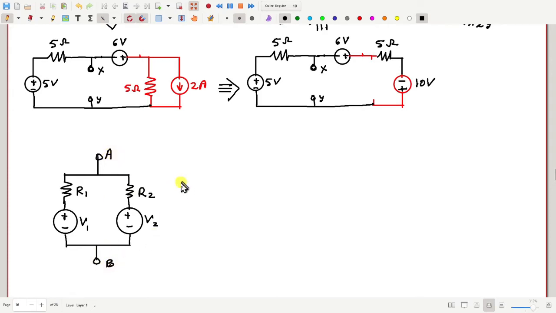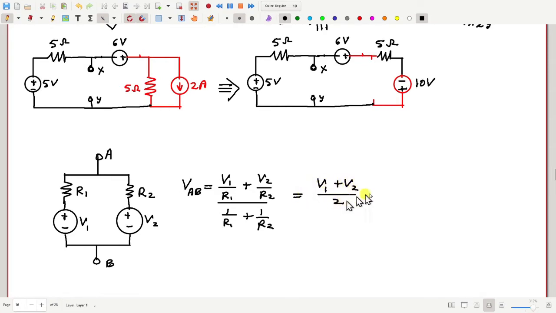We have done this in class. VAB will be (V1 by R1 plus V2 by R2) divided by (1 by R1 plus 1 by R2). And then if R1 is equal to R2, this will just become (V1 plus V2) by 2.